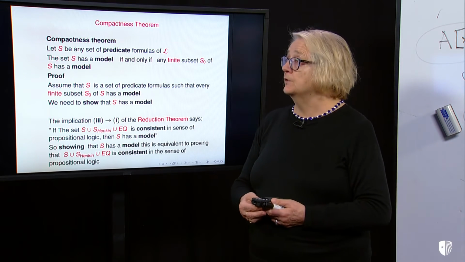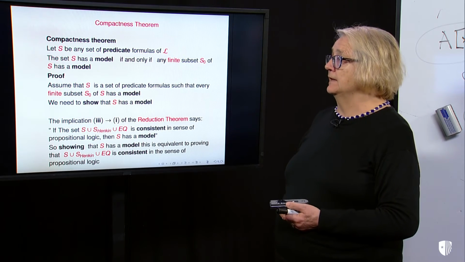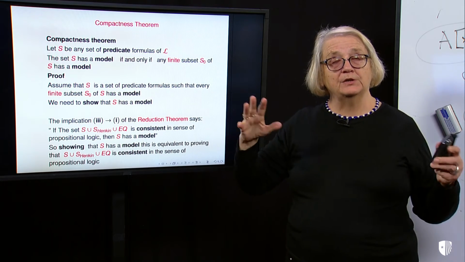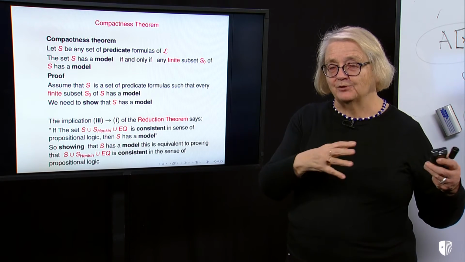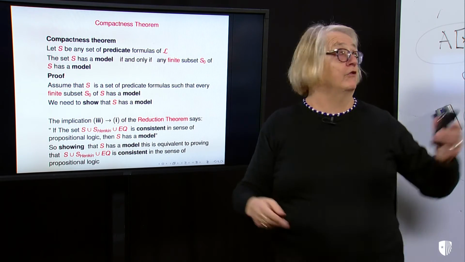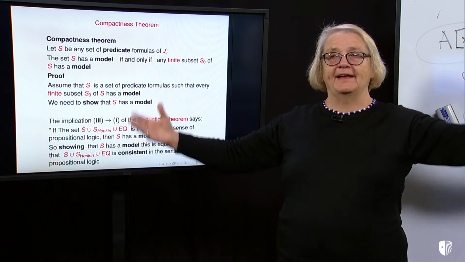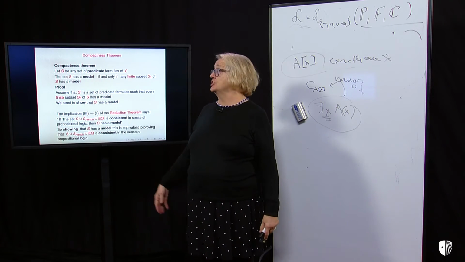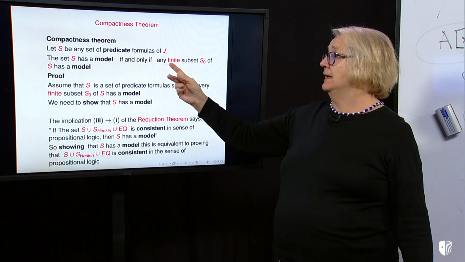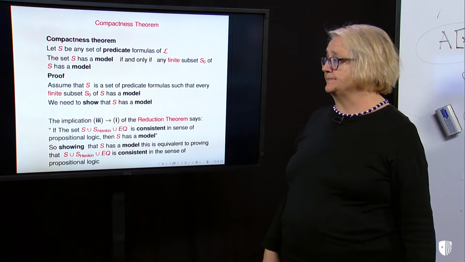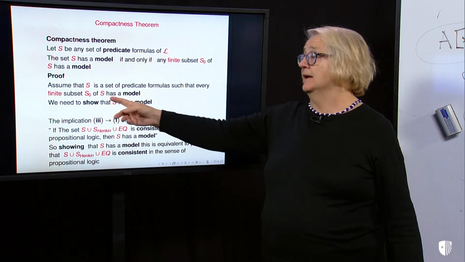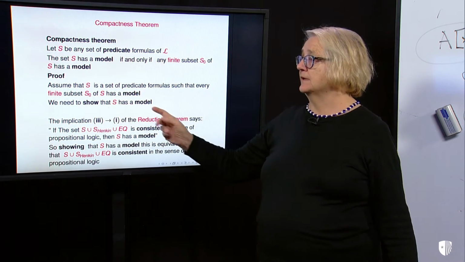Now the compactness theorem for predicate logic says, now you have the whole formulas, right? We did compactness for those propositional pieces. Now it says that for full formulas, our full-fledged predicate language, a set S has a model if and only if any finite subset has a model. Assume that S is a set of predicate formulas such that every finite subset has a model; we show that S has a model.